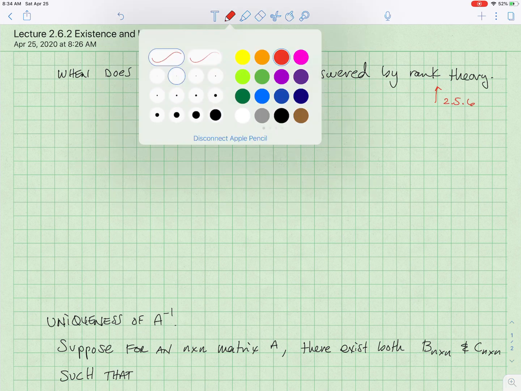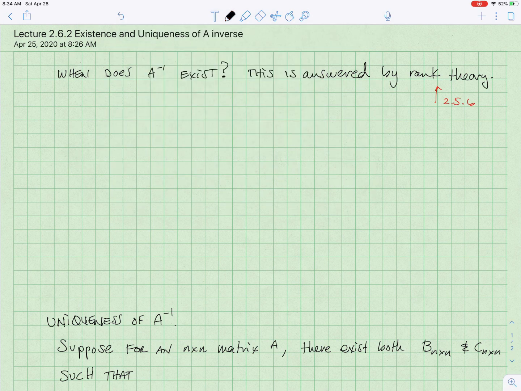Now, here it is in a nutshell. Remember that rank theory says if R, the rank of A, is equal to the rank of A augmented, is equal to N, then there is one unique solution.